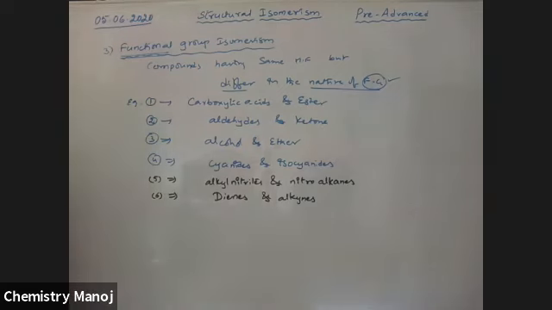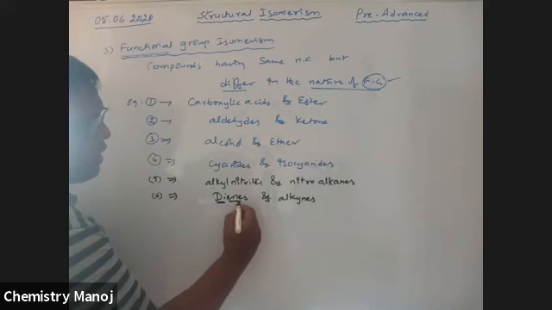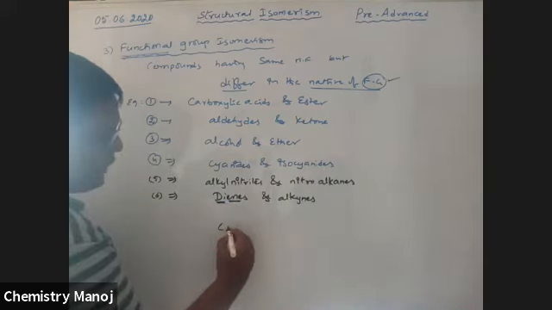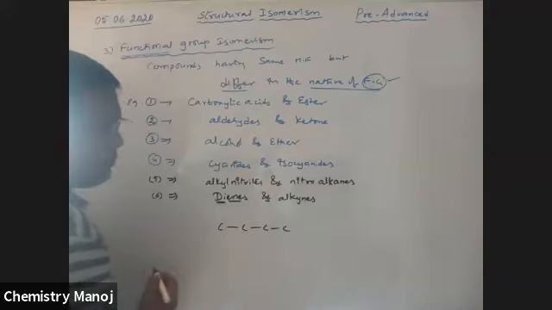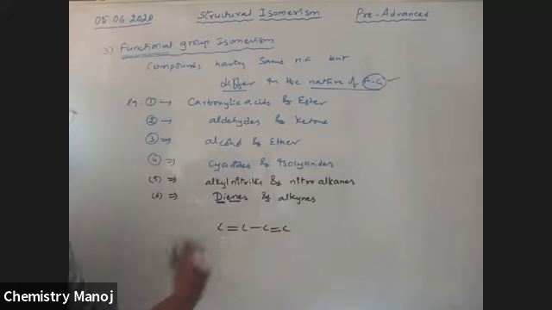What are they? Tell me. Dienes and alkynes. So what are the dienes? Di means two, ene means double bond. Two double bonded compounds. Here is the double bond, here is the double bond, that is why it is a diene.